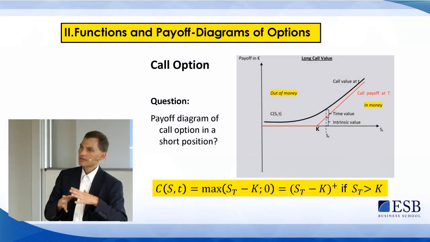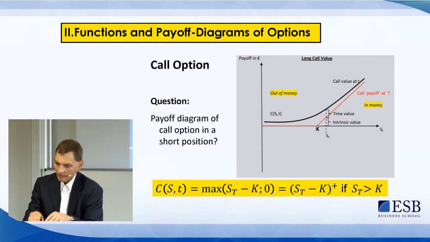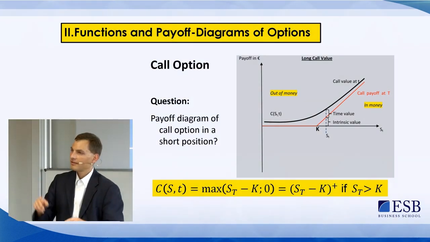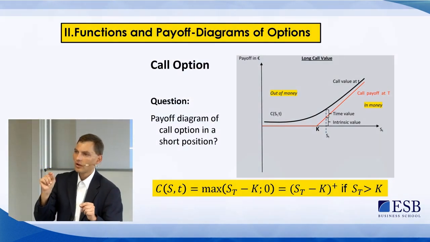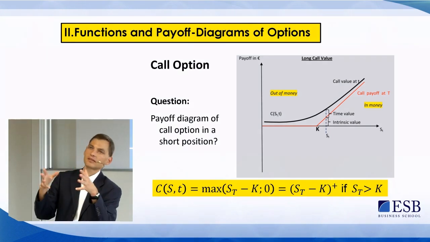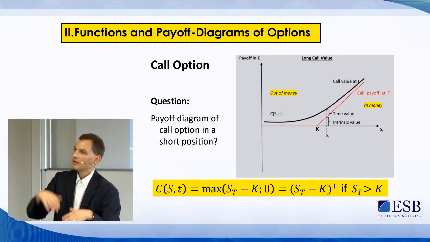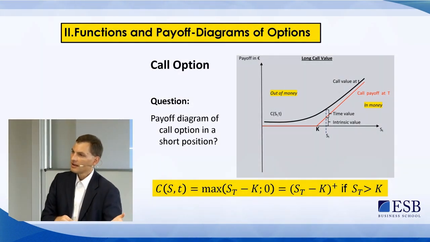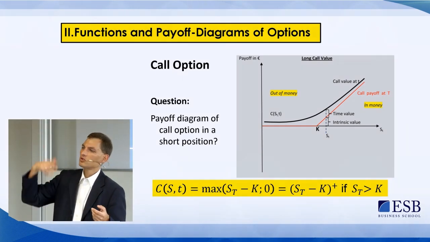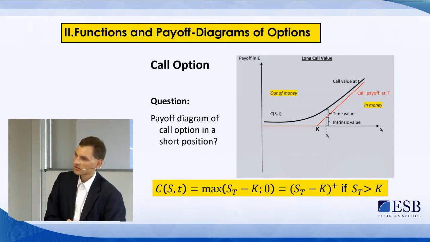And the time value is basically reflecting that when maturity is tomorrow, the market price is close to 100, maybe it's 110 or 90, but it will not jump within a day to 10,000 or 0.